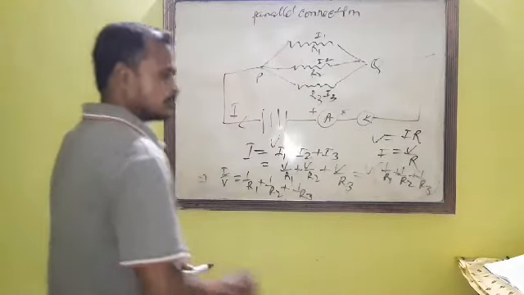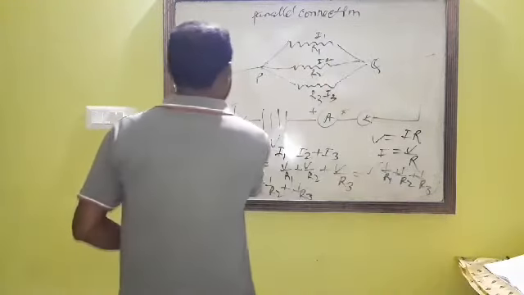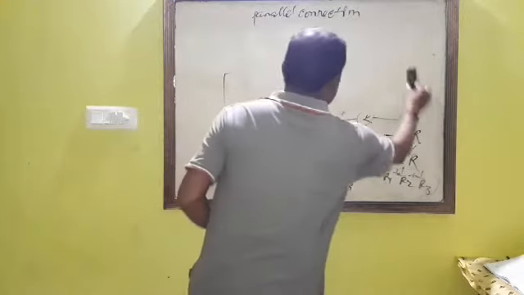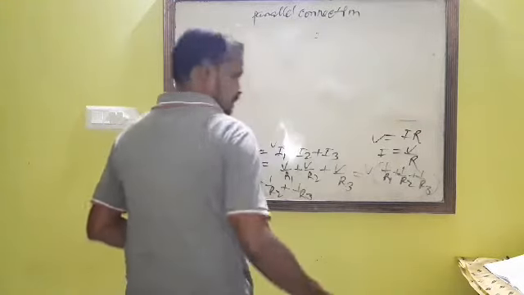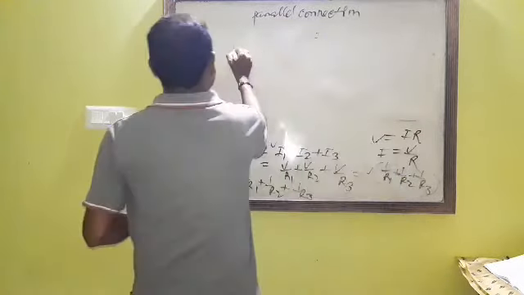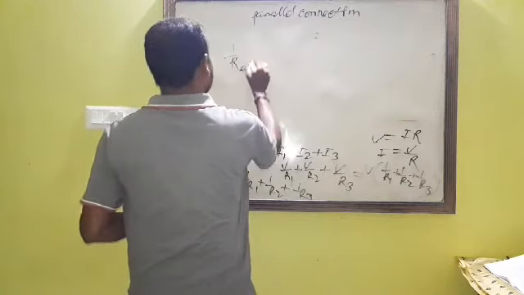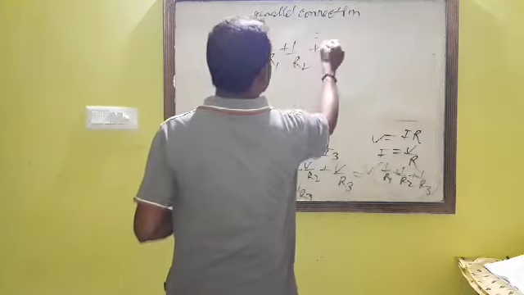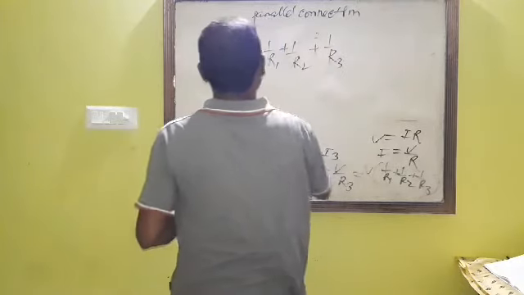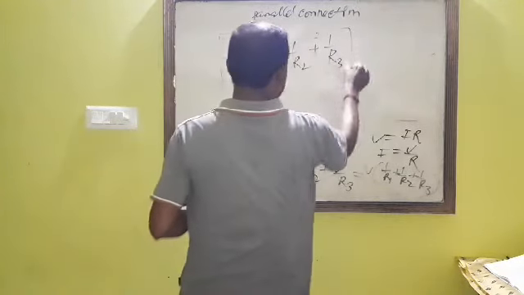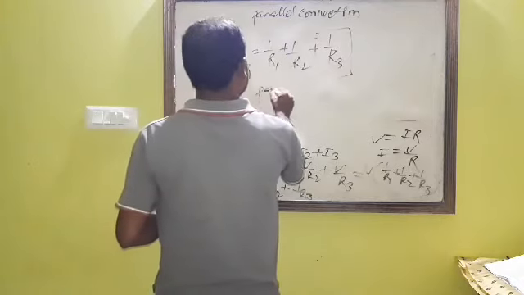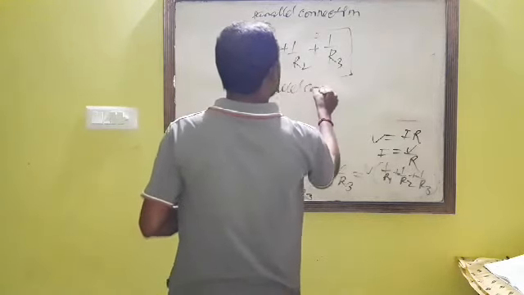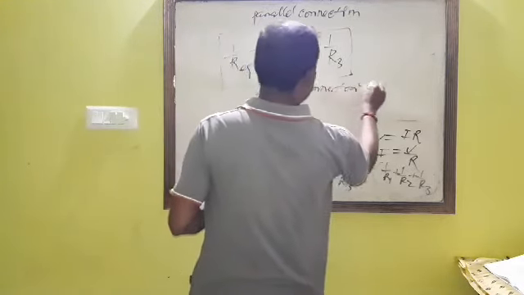So 1 by R equivalent equals 1 by R1 plus 1 by R2 plus 1 by R3. And this is the net resistance in case of parallel connection. Got it?